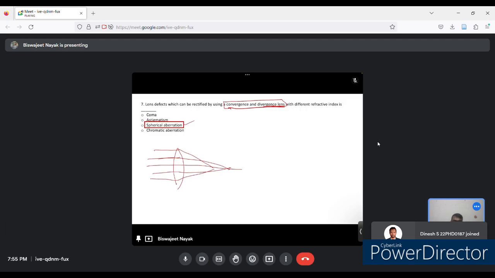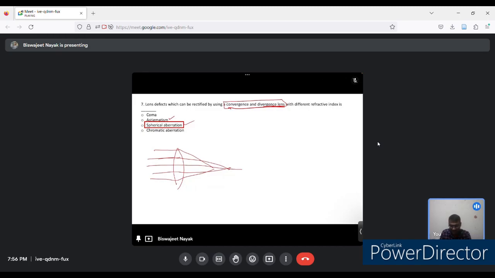And what is astigmatism? Astigmatism can be corrected by using a cylindrical lens, because of having different lens curvature this problem happens. And chromatic aberration happens because of different light colors, and this can easily be avoided by using a monochromator.